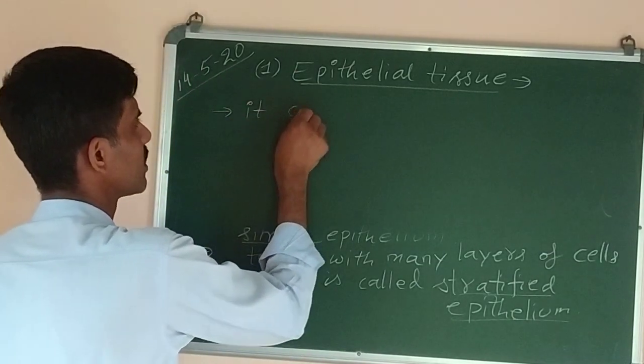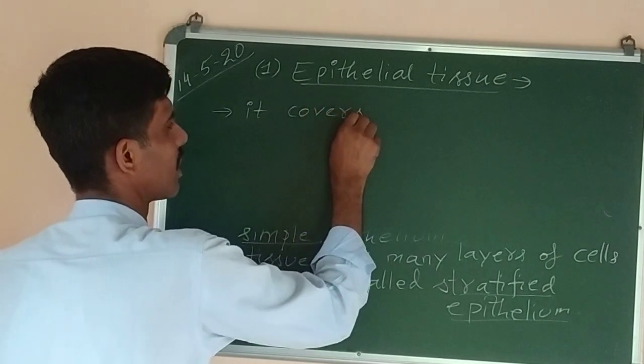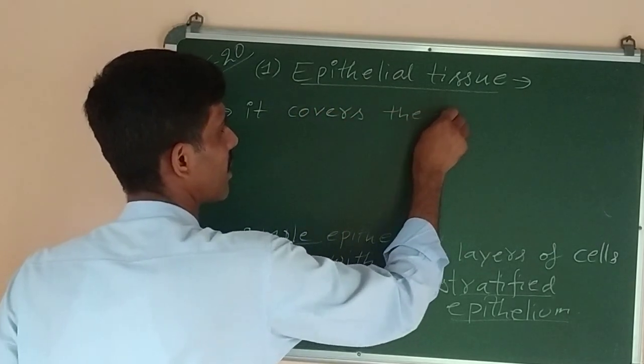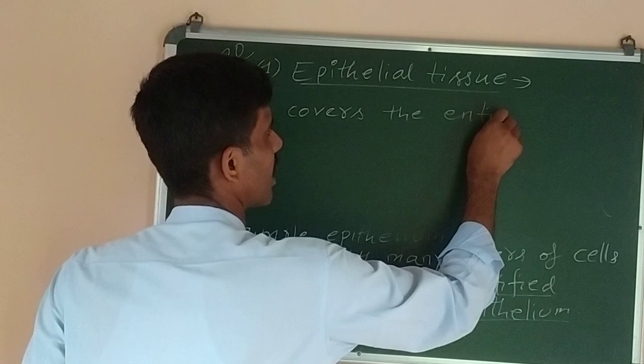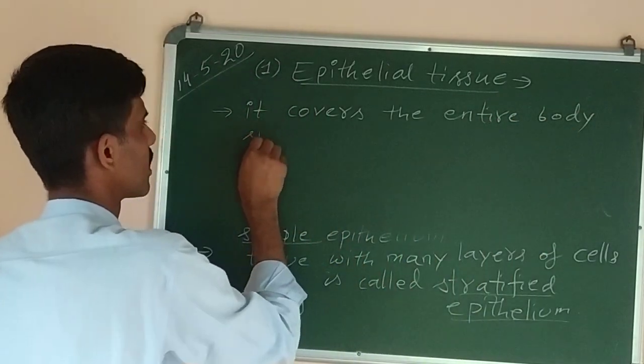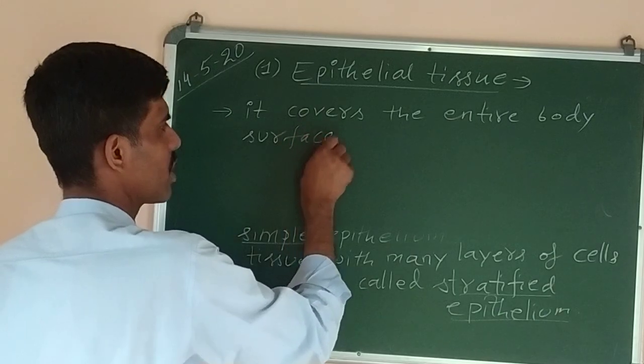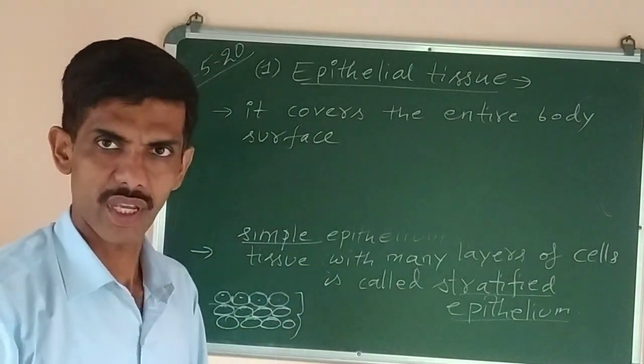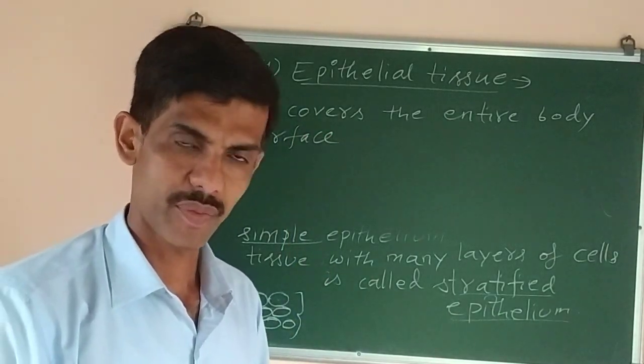It covers the entire body surface, means the outermost covering of our body is fully lined by epithelial tissue.